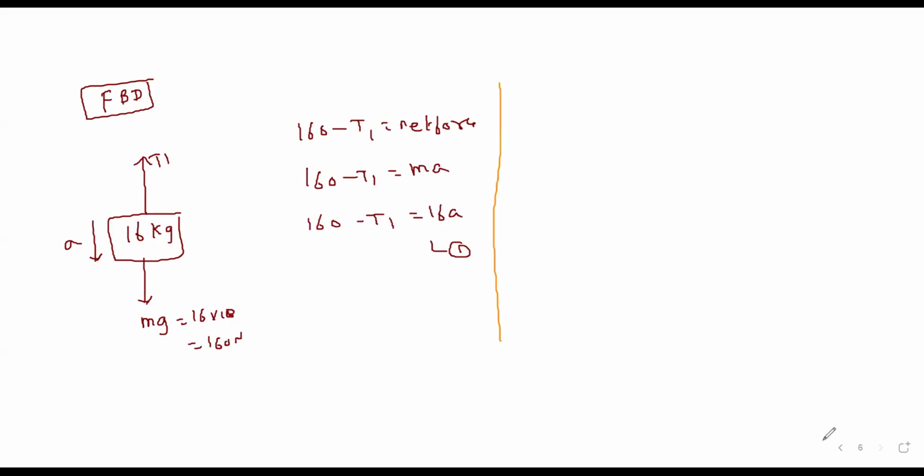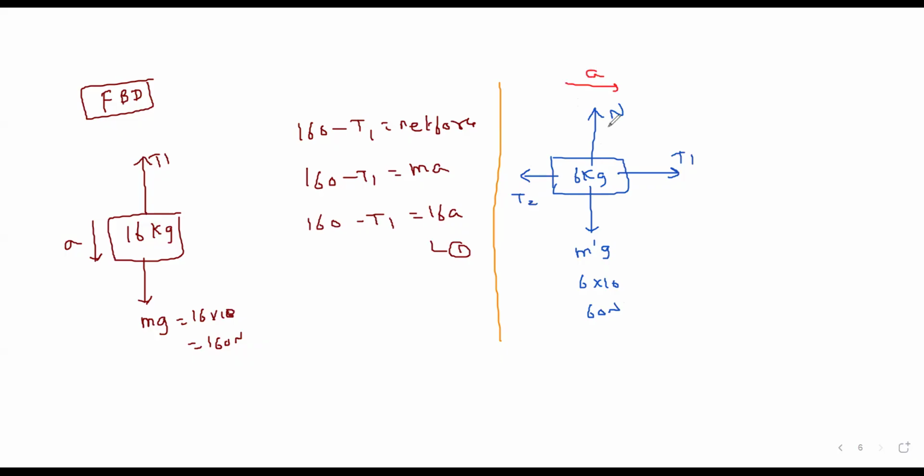Now I can take the second diagram, that is the 6 kg object. There are 4 forces acting on this. Weight, mass into gravity, 6 into 10, that is 60 Newton. Normal reaction acting upward. Tension T1 acting this side, tension T2 acting this side. And the object is moving in this direction with acceleration a.